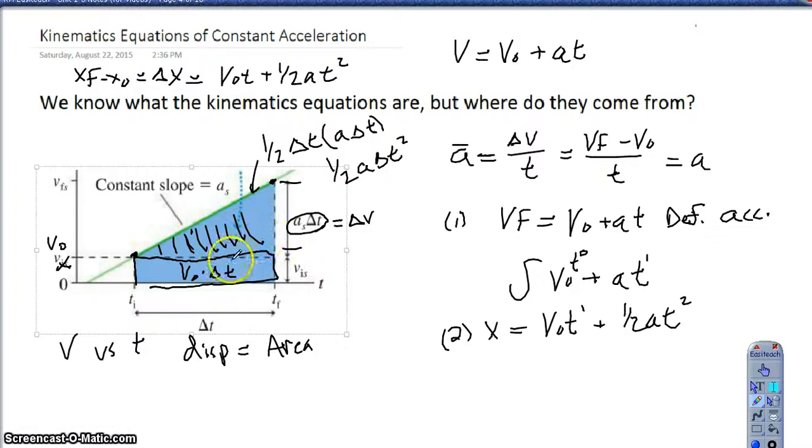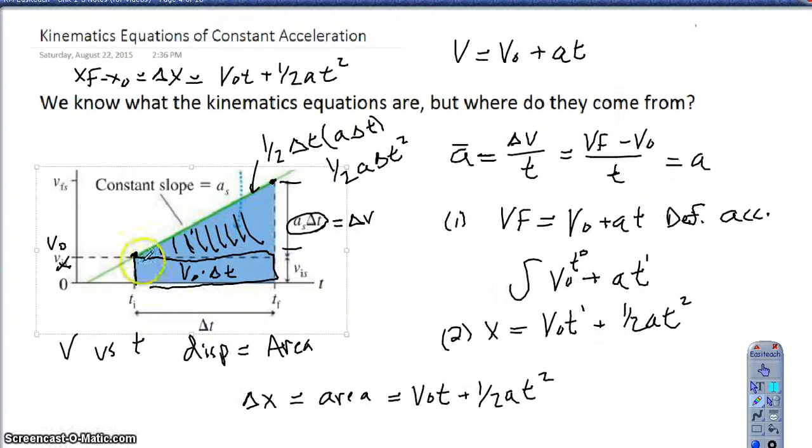If I add those two areas together, v sub 0 t plus 1/2 at squared, I find that my displacement, which equals the area, is equal to the original velocity times delta t plus 1/2 at squared.